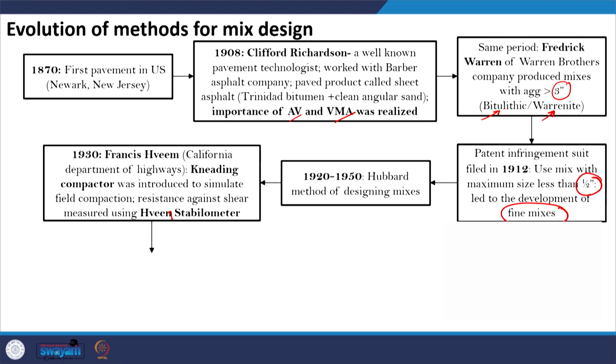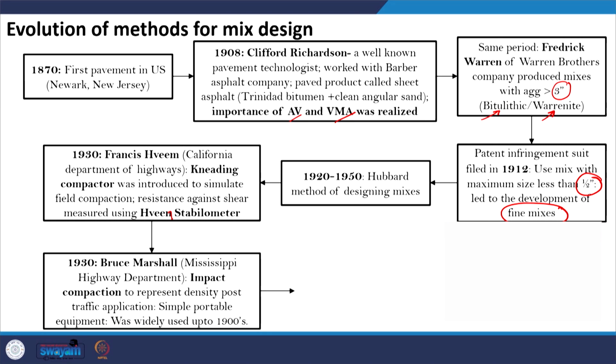However, the Hveem mix design method did not become very popular, because during the same time Bruce Marshall, who was working with the Mississippi Highway Department, developed an impact compaction process to represent the density of the mix after years of loading.